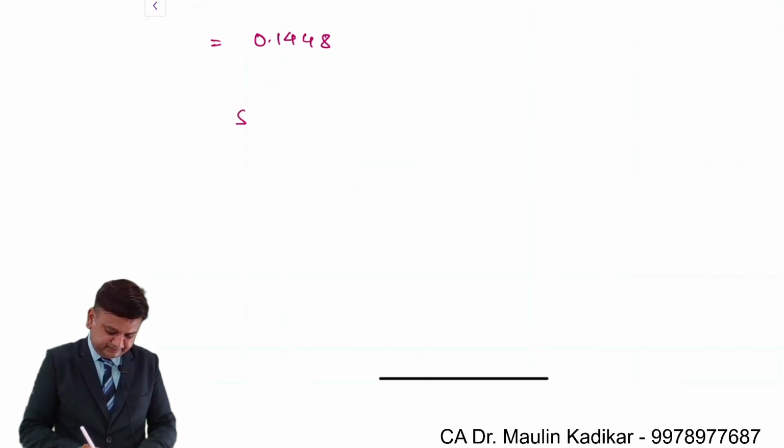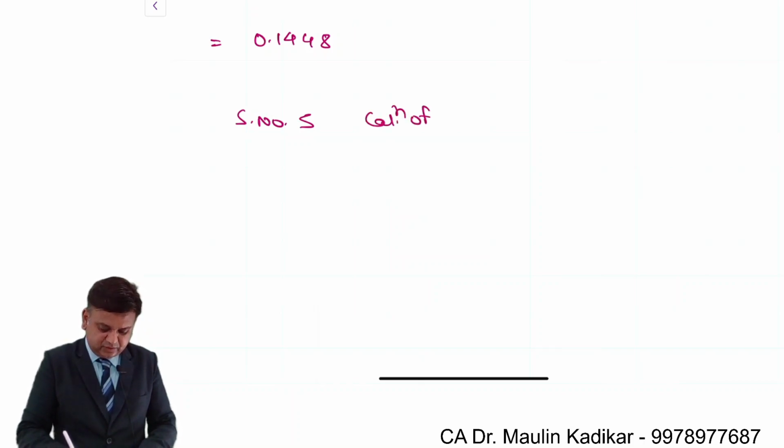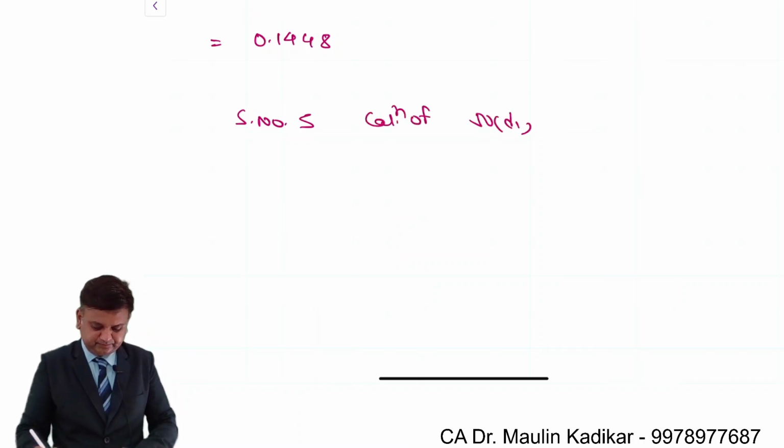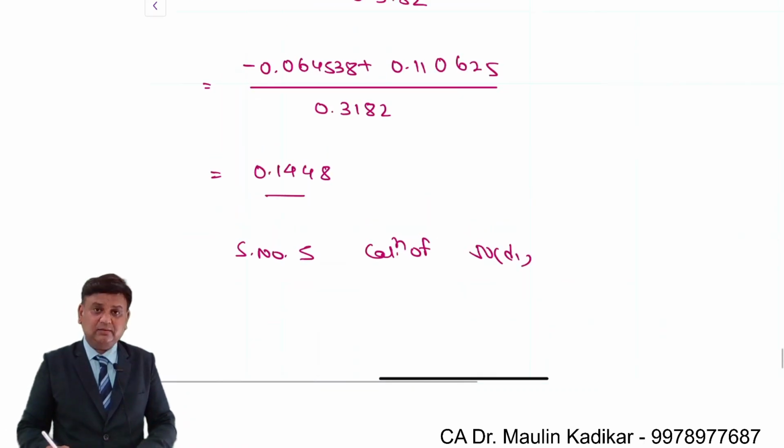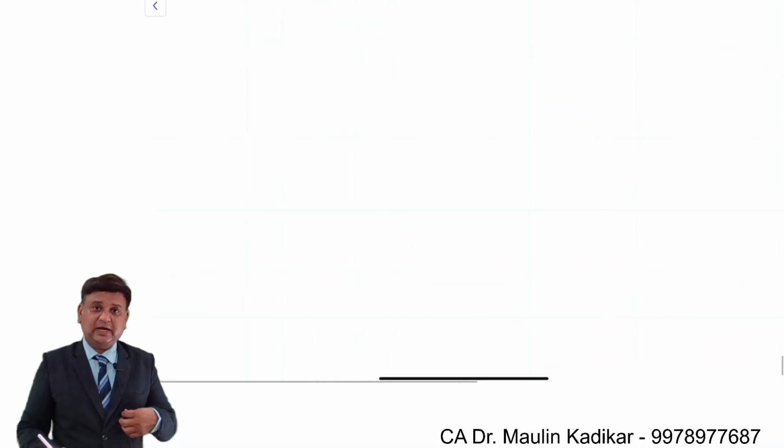Step number 5, calculation of ND1. For ND1 calculation, we have to read the Z table for 0.14 and 0.15.